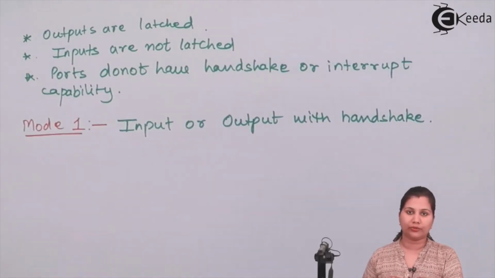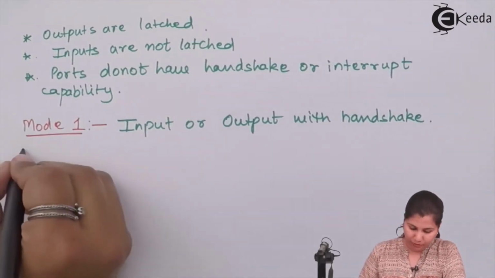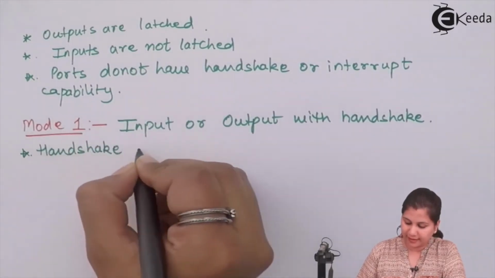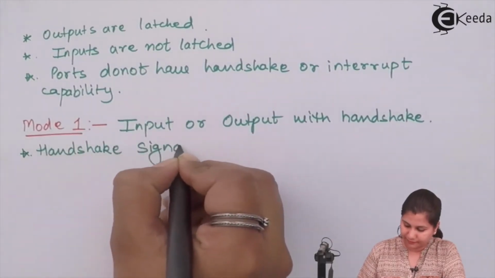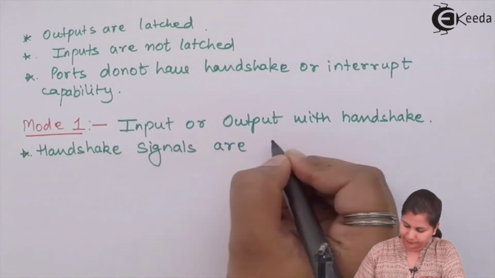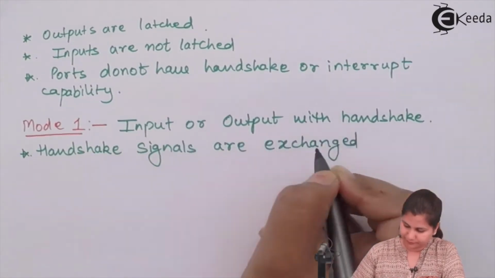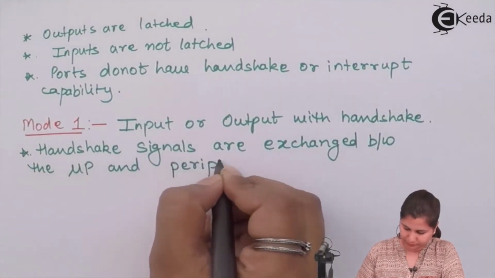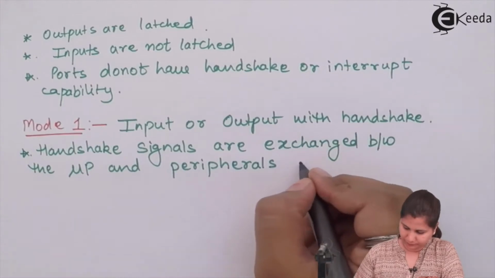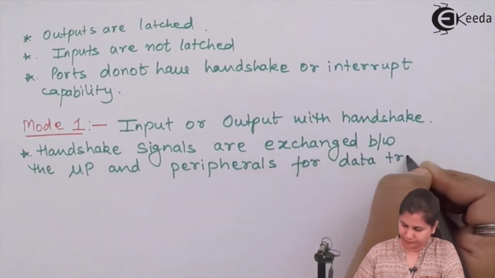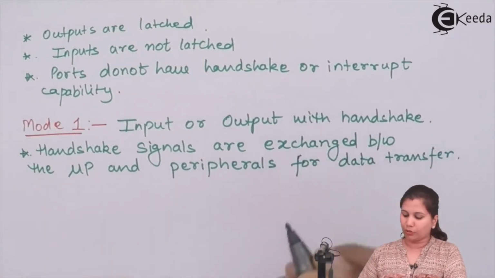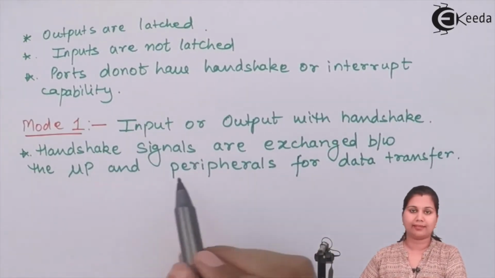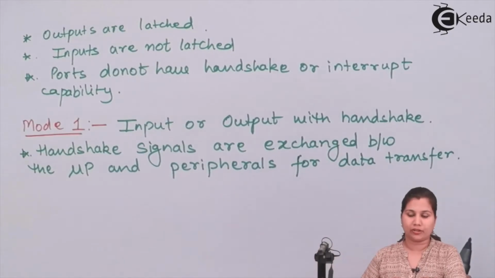In this mode, handshake signals are exchanged between the microprocessor and the peripherals for the data transfer.